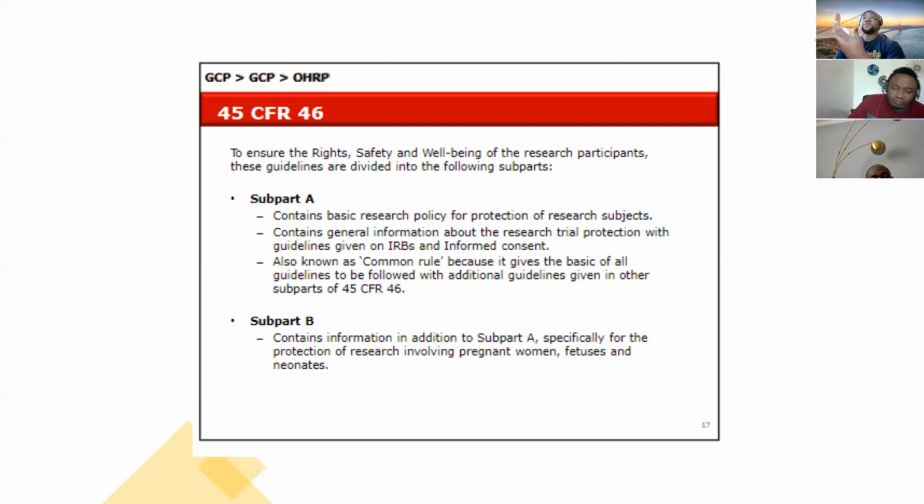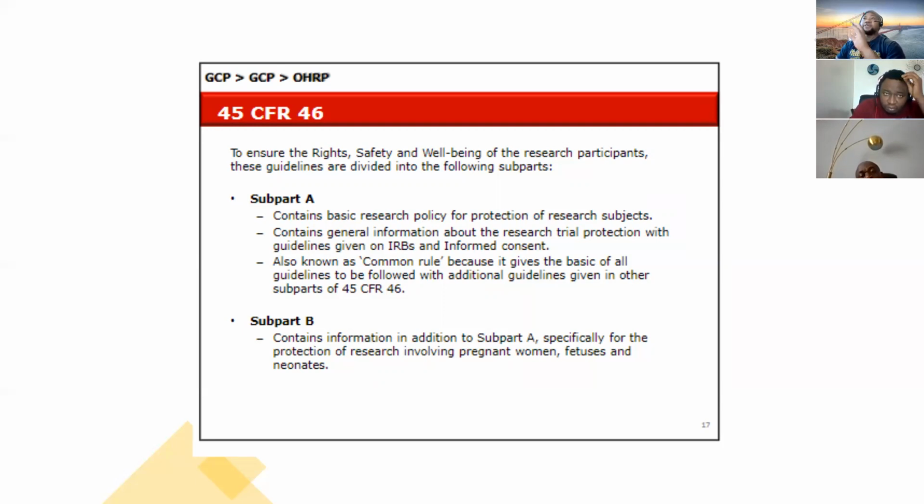Now you look at the different components of this 45 CFR Part 46. What is it about? It is mainly intended to ensure that the rights, safety, and well-being of human participants are of paramount importance to the research investigator.